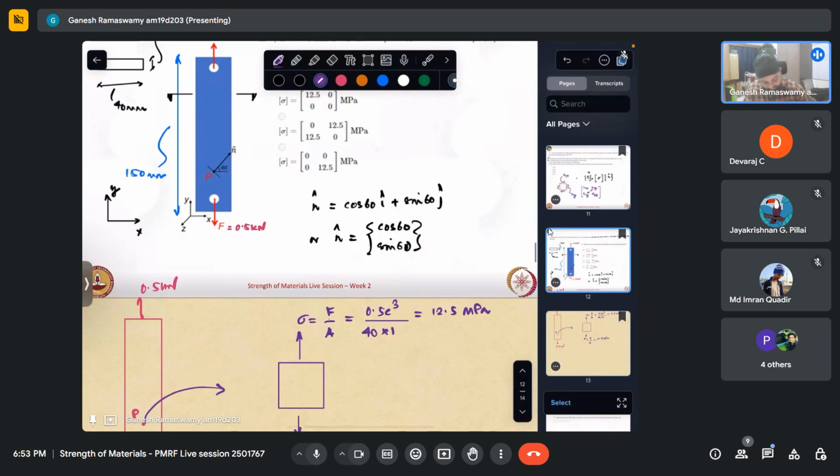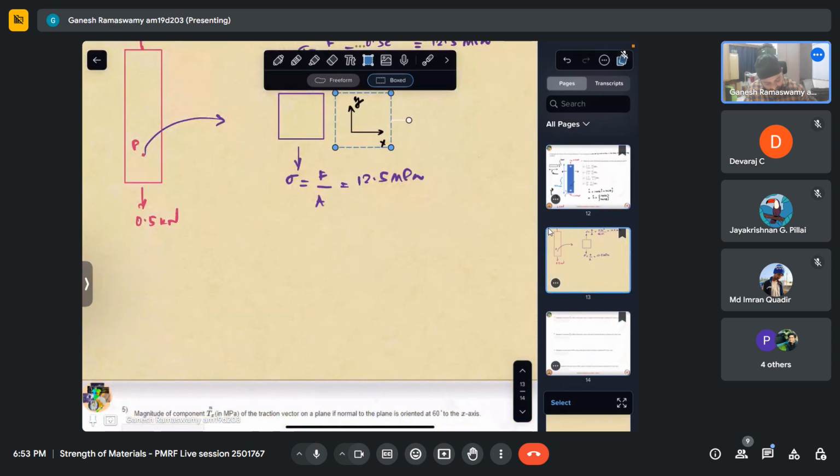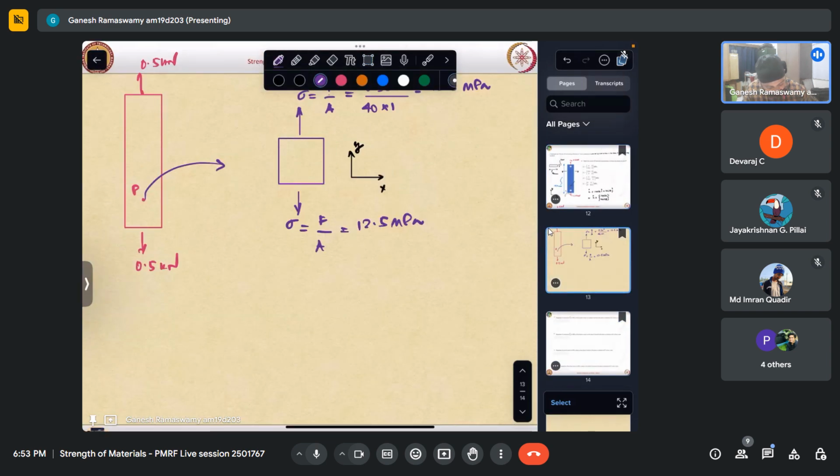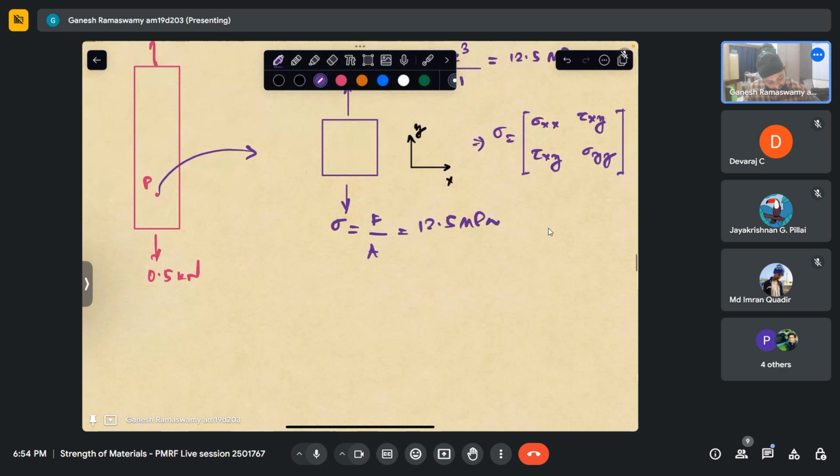Now when we take our basis like this, how will we represent the stress tensor now? It will be nothing but sigma xx, tau xy, and sigma yy. So our stress tensor becomes, in the x direction there is no force acting, there is no stress acting, so this becomes 0.